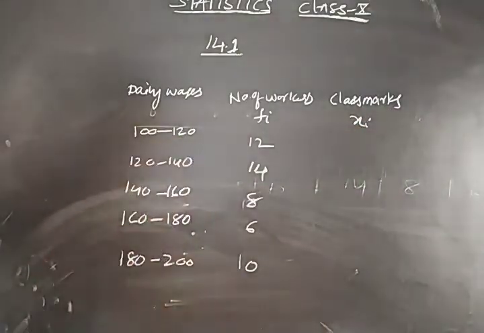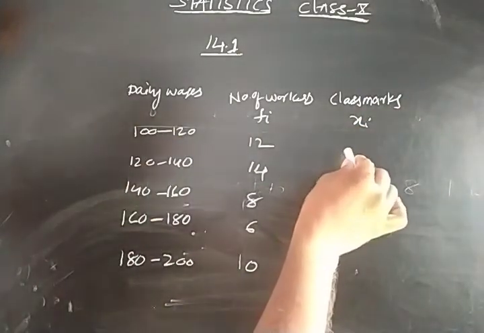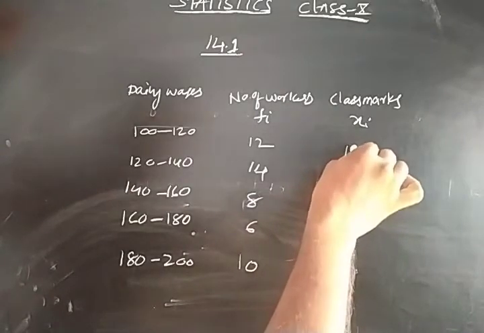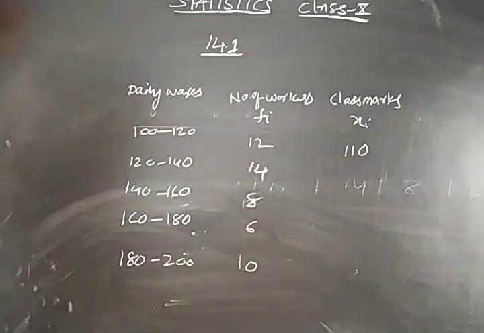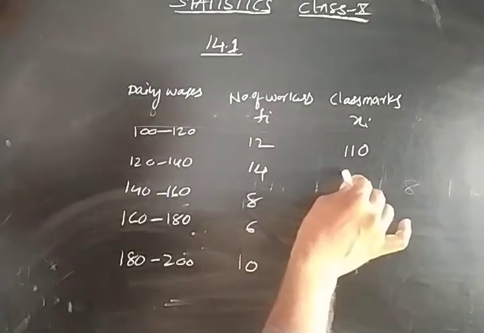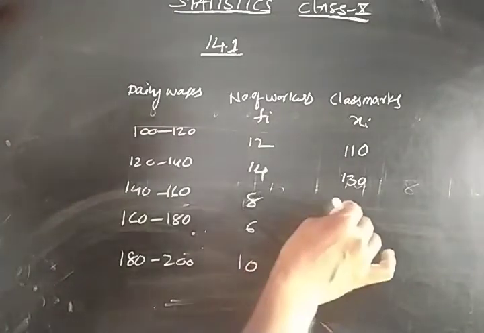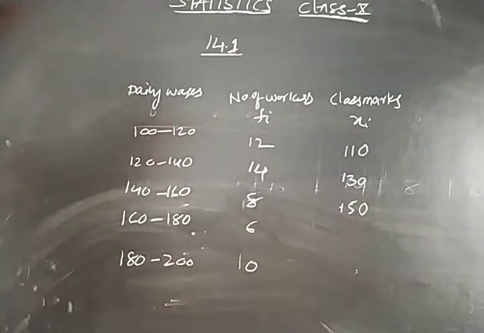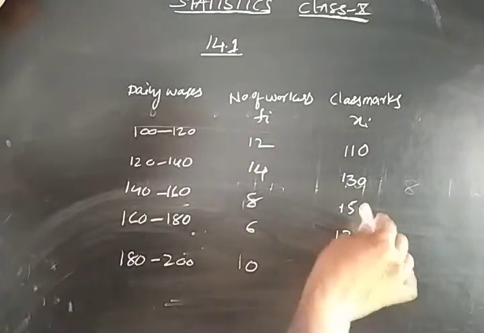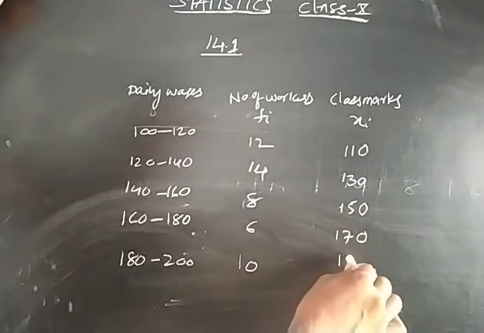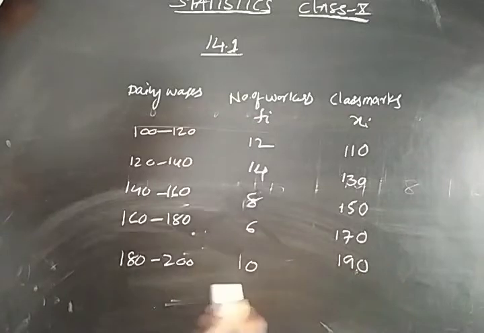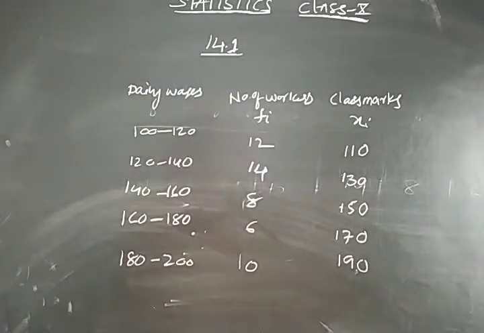Xi means 100 plus 120, 220 by 2, is 110. 120 plus 140, 260, by 2 is 130. 140 plus 160, 300, by 2 is 150. 160 plus 180, 340, by 2 is 170. So the difference is 20. Next, 190.